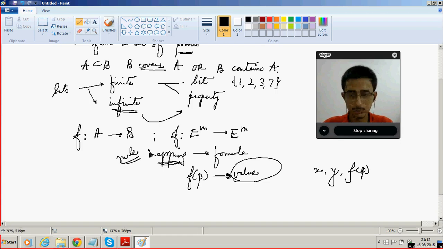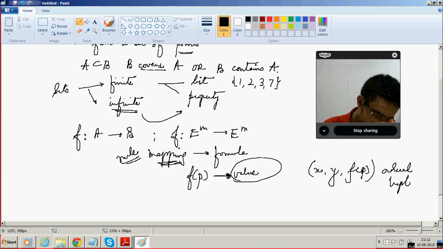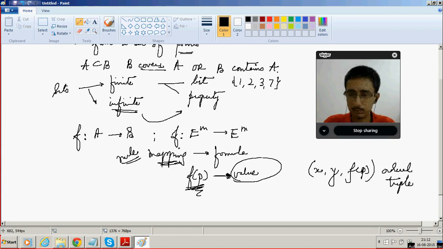So this can be formalized this way: a function is an ordered triple, right? This is being abstract, taking it to the set theoretic manner. But the intuitive, what is a function? A function is basically a rule or a mapping. It is not f of P, remember that, which I think you know very well. Okay.